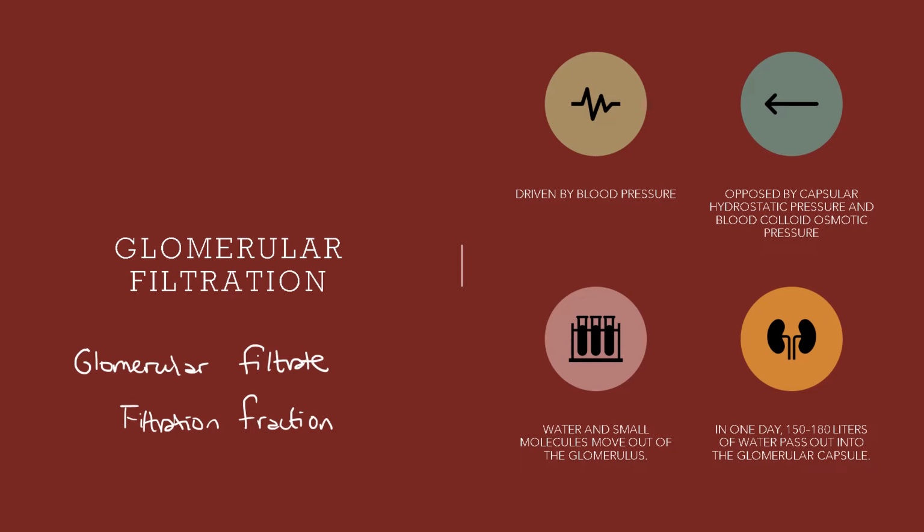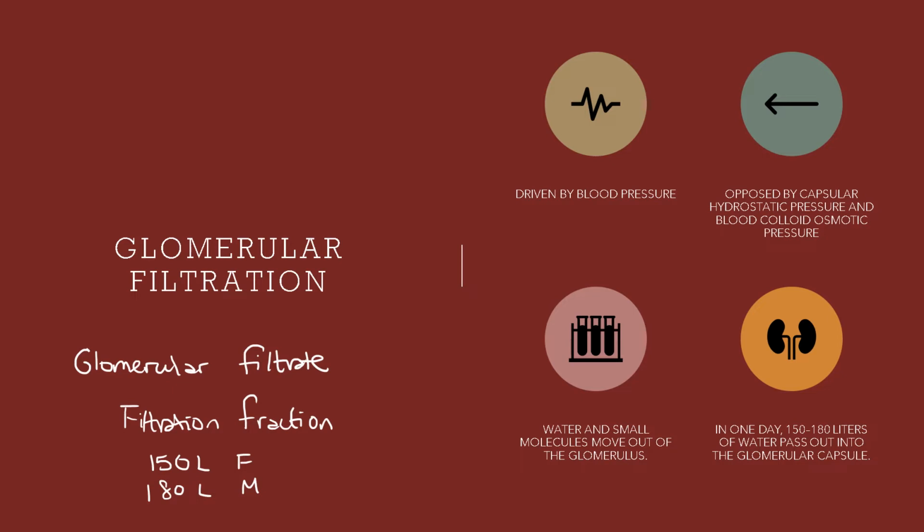Now, on average, the daily volume of glomerular filtrate in adults is going to be 150 liters in females and about 180 liters in males. Now, more than 99% of the glomerular filtrate returns to the bloodstream by tubular reabsorption.